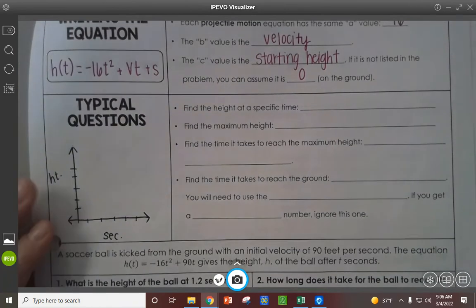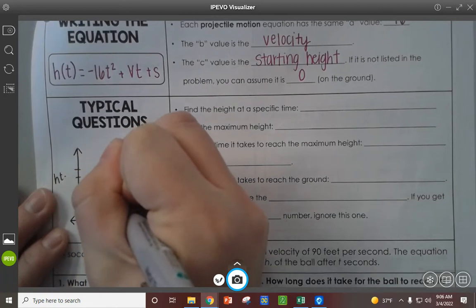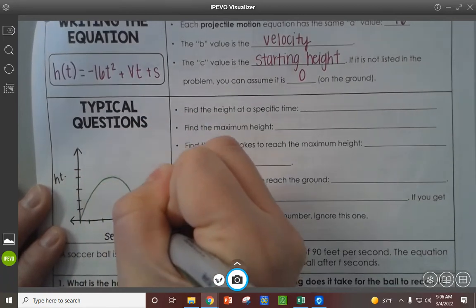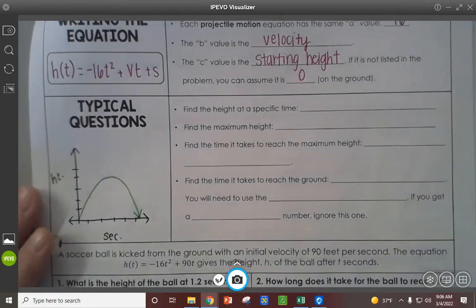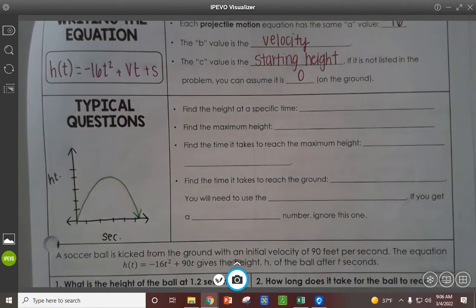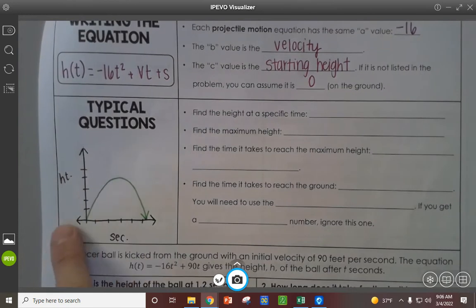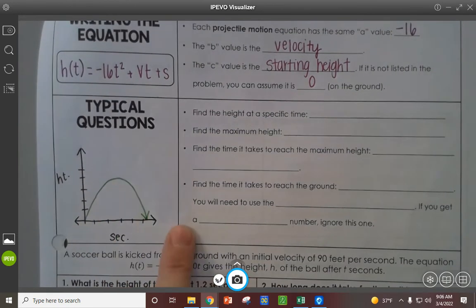In general, most of your functions will look like this. If you throw an object in the air, it goes up as time goes on and then it comes down.